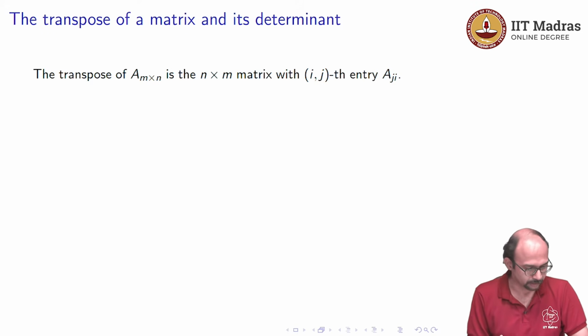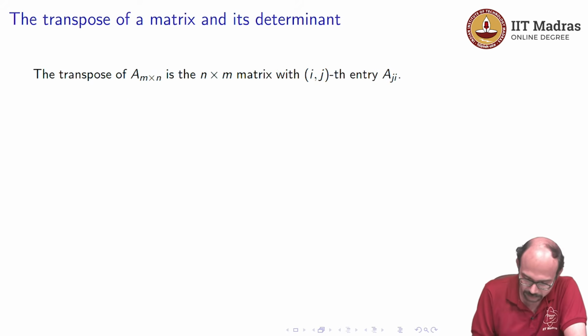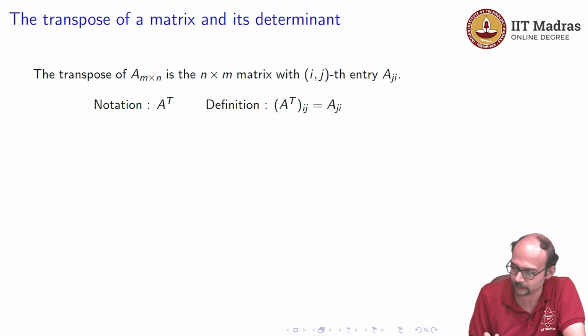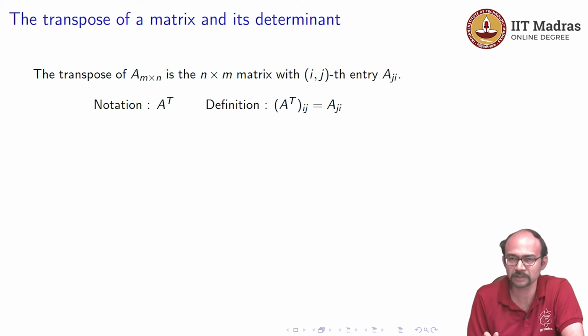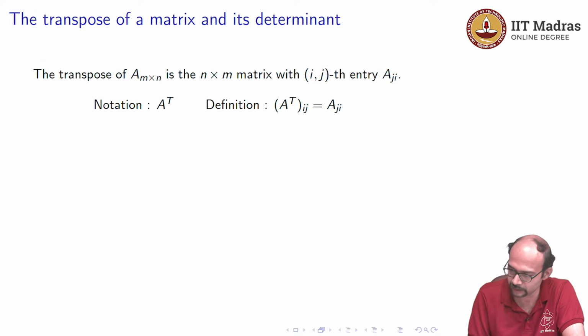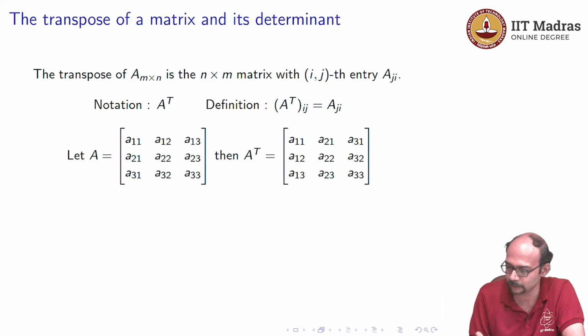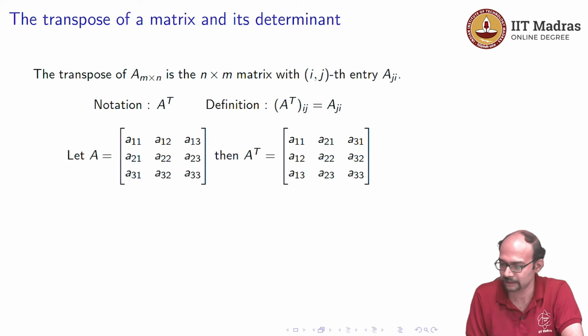Okay. So, this is the notation, it is called A superscript T. T is for transpose, and its definition as we noted is A transpose ij is AJI. So, for example, if A is a 3 by 3 matrix, then A transpose is again 3 by 3.